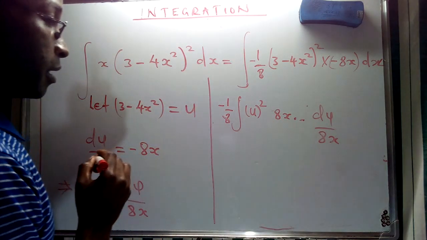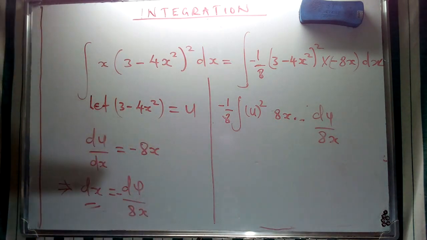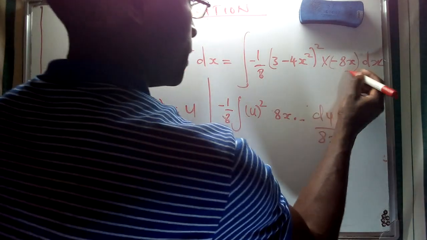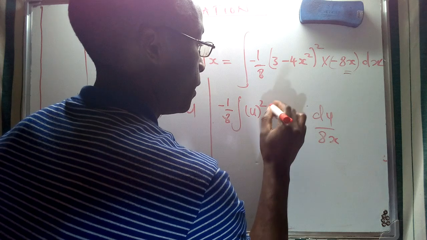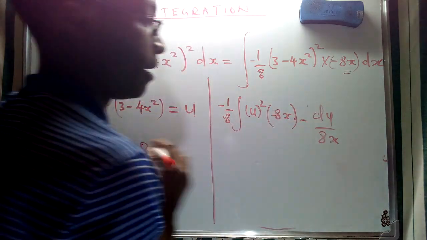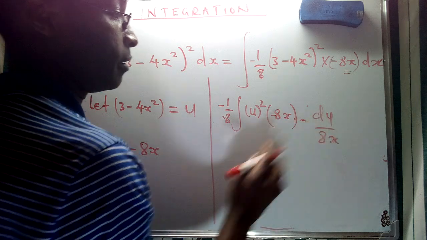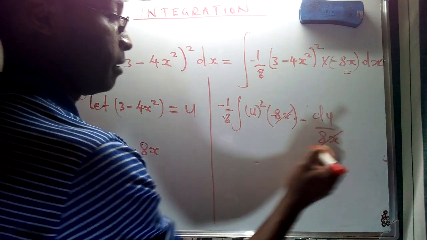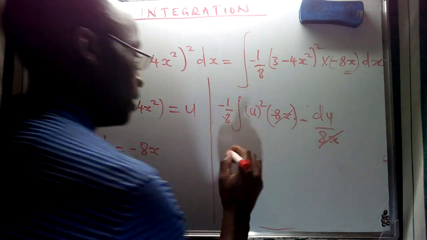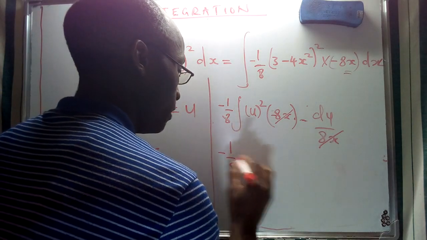So in this specific case, we're going to see this one being given as a substitution, whereby our value for negative 8x and then negative du over 8x, this negative sign and the 8x are, of course, going to be cancelled, and therefore we're going to have 1 over 8.